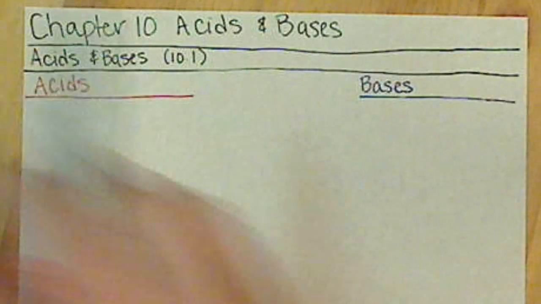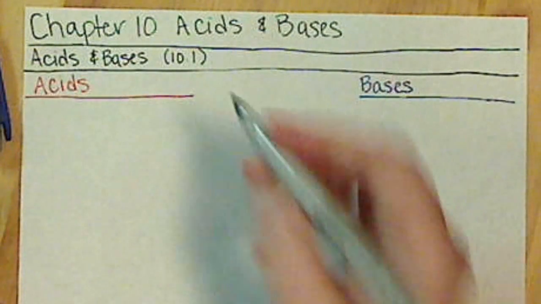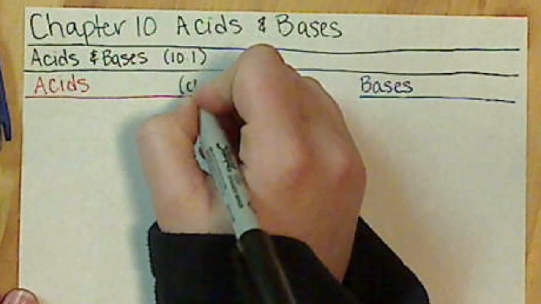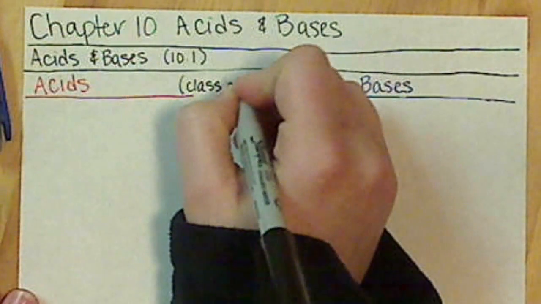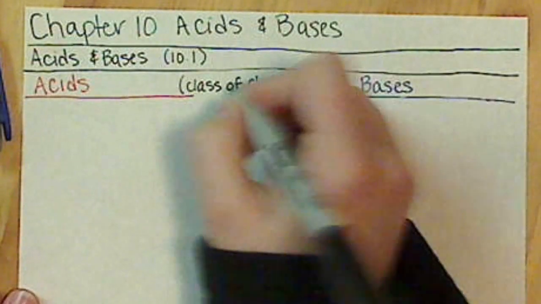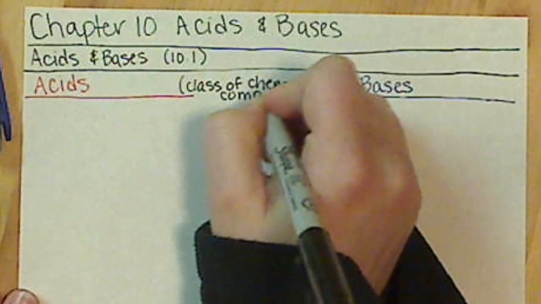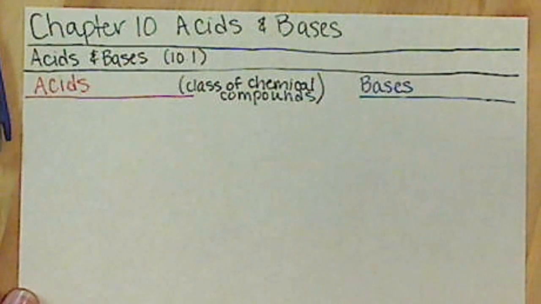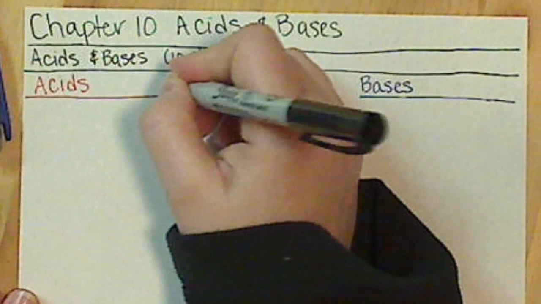So basically, acids and bases are just a specific class of chemical compounds. That's all acids and bases are.